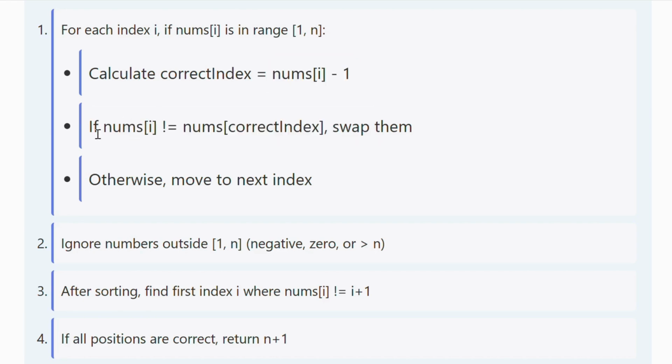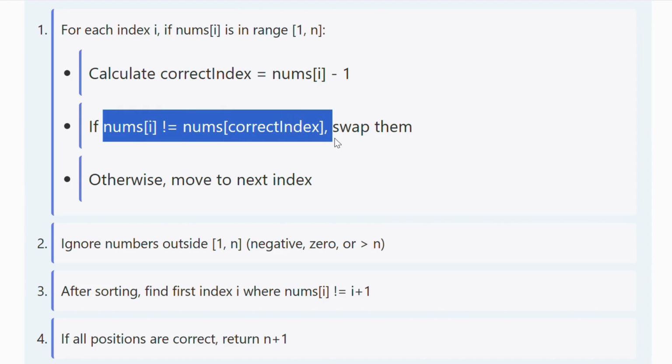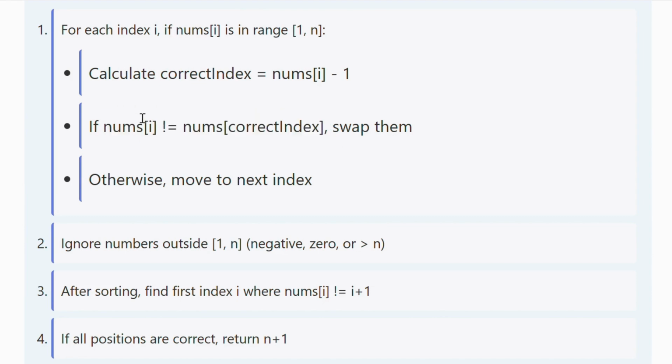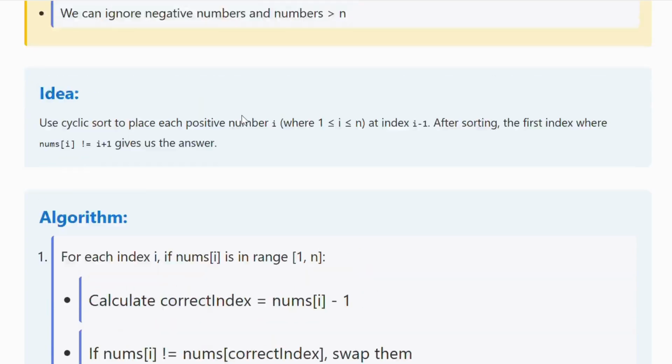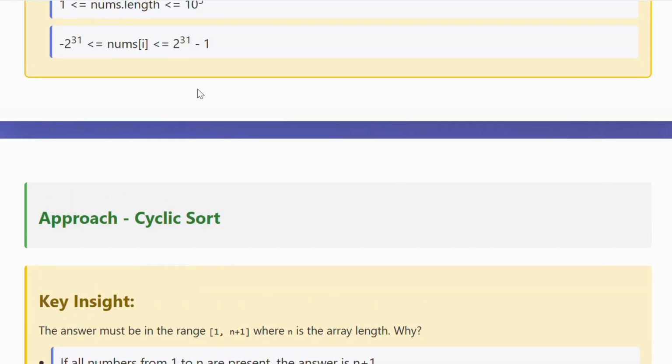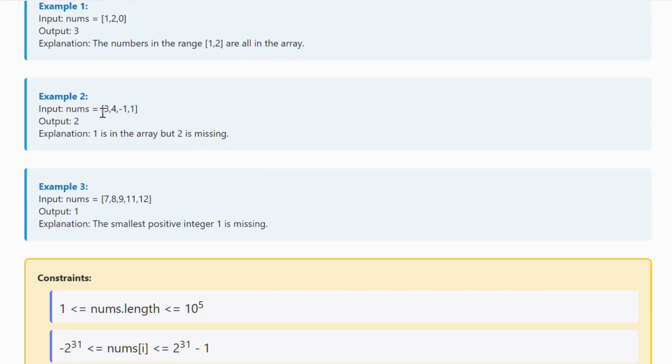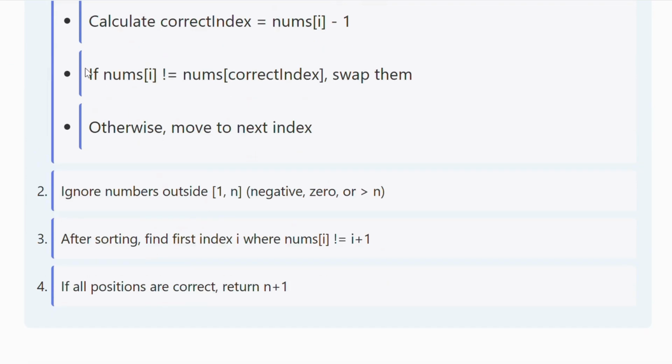And this is a similar condition that we have already applied in previous questions: if the number is already at its correct index, let's say the number is 3 and it is already at the third index, then we don't have to swap it, right? Because that is already at the correct index. So this condition we always have to check, so that we don't swap wrong numbers.